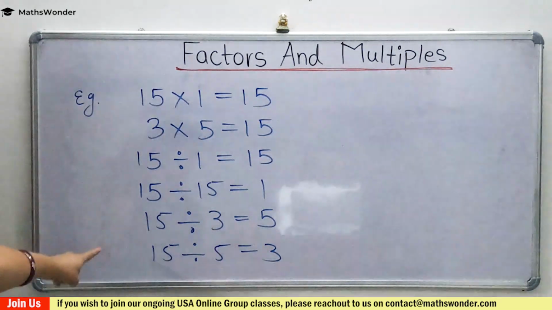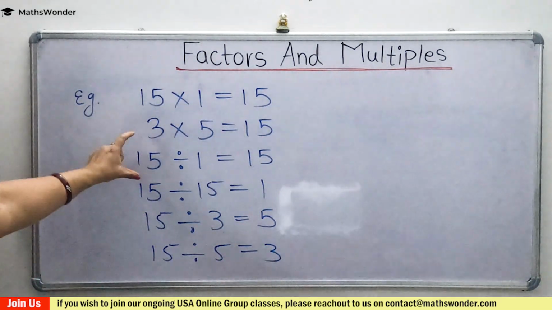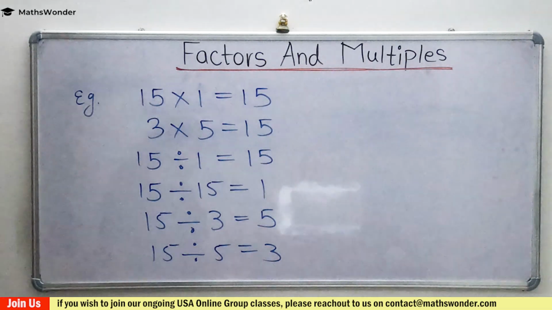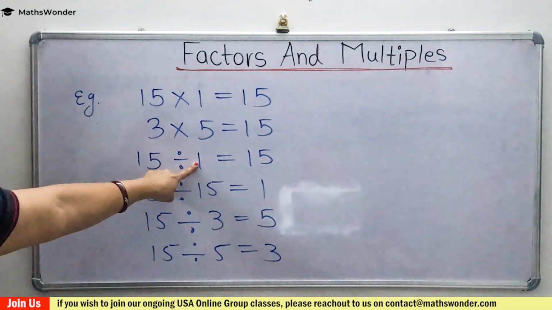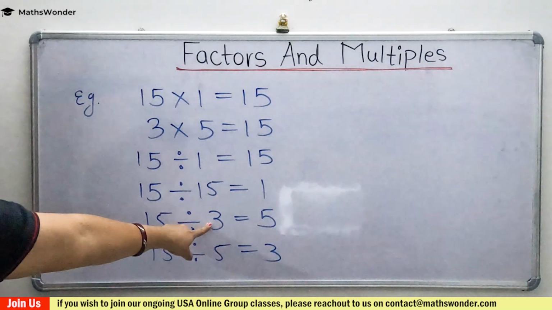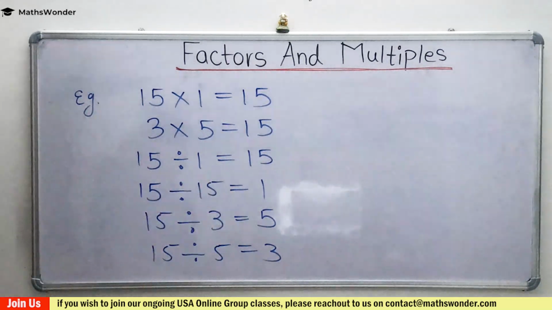So in these four cases, we can say that 1, 15, 3 and 5 divide 15 completely without leaving any remainder.